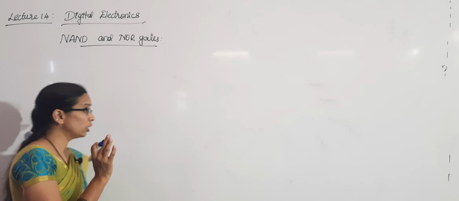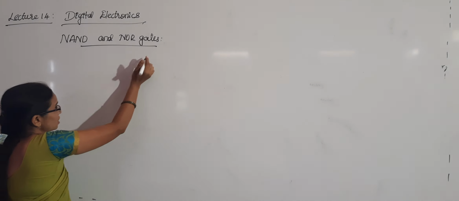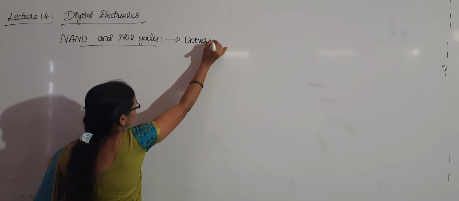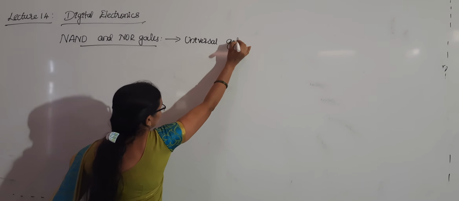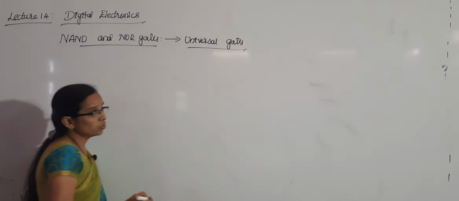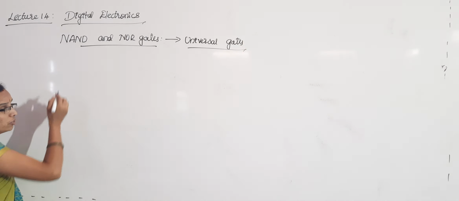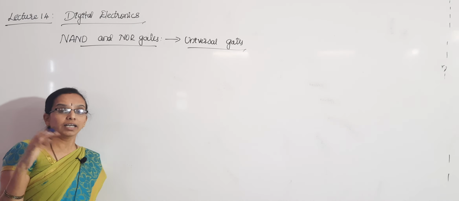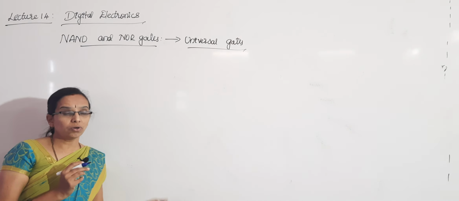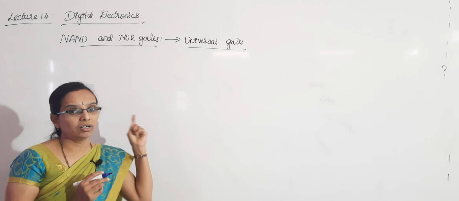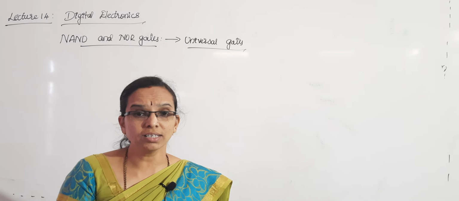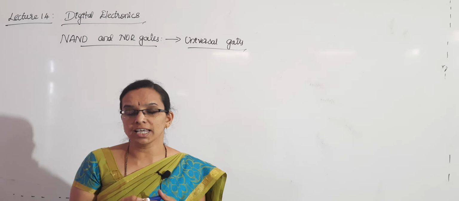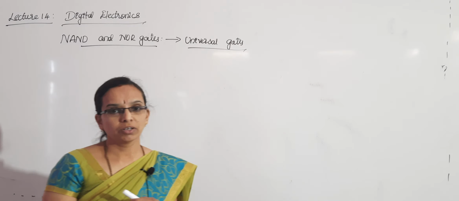Now, NAND and NOR gates are also called universal gates, because using these gates we can implement or construct any other logic gate. How to construct other gates using NAND and NOR gates is something you are going to study in second PUC digital electronics. Okay.